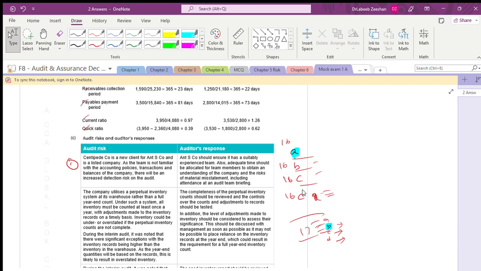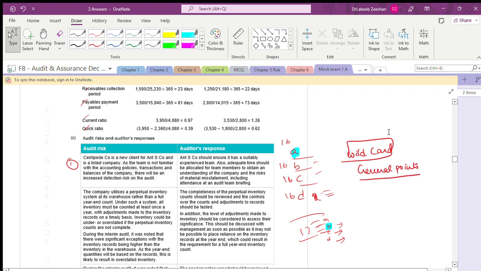I don't know whether you know the concept of a wild card in tennis. A wild card is nothing but general points. Fill with general points.